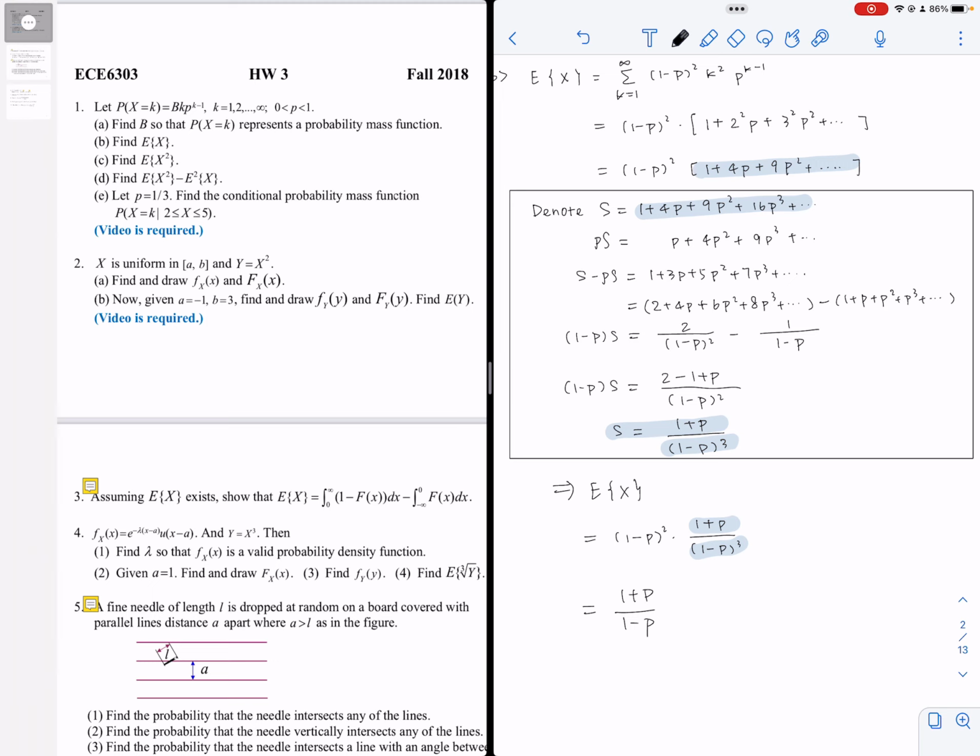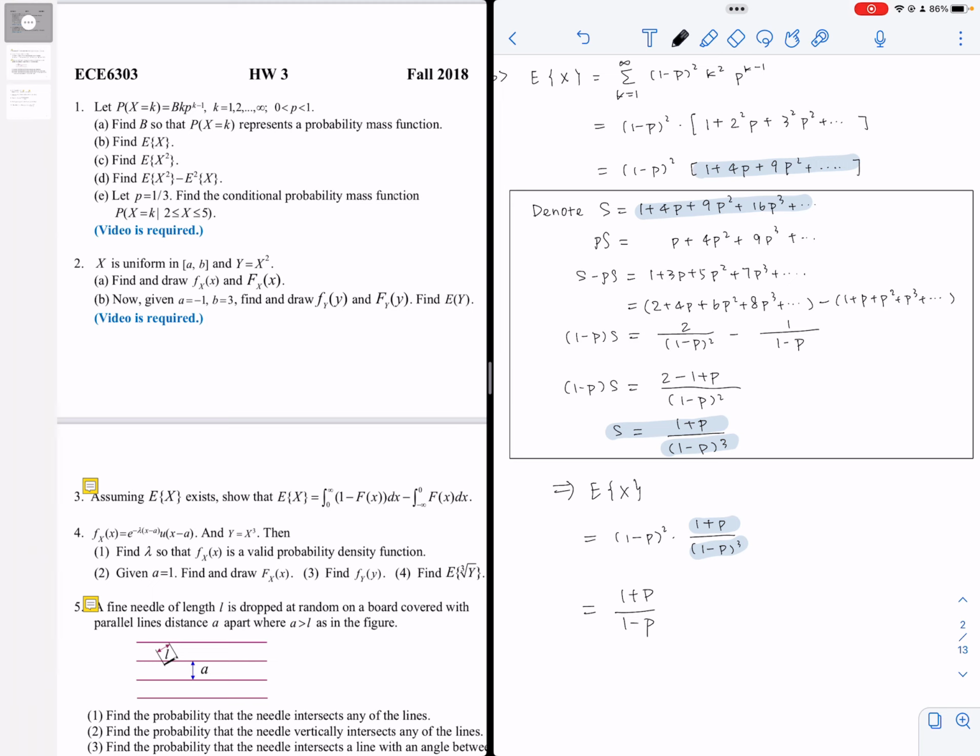So s minus ps will become 1 plus 3p plus 5p squared plus 7p cubed, and then that will turn into a subtraction of two different geometric series as shown here.